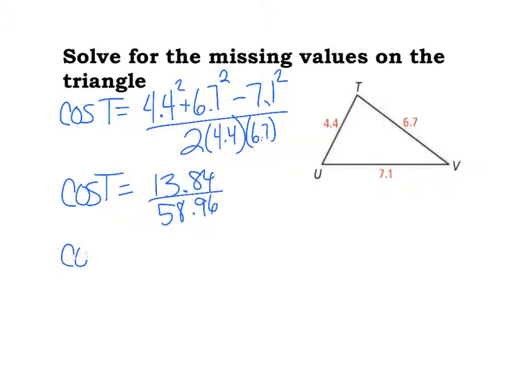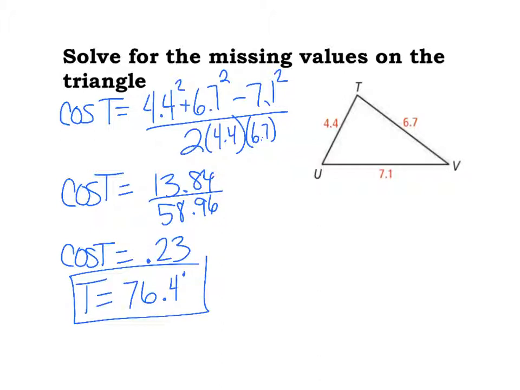Now I divide those two numbers, and that's 0.23. But since I'm looking for the angle, I have to do second cosine on that, so I hit second cosine, and rather than typing that whole number in, I like to use second answer. And I have t equal to 76.4 degrees.